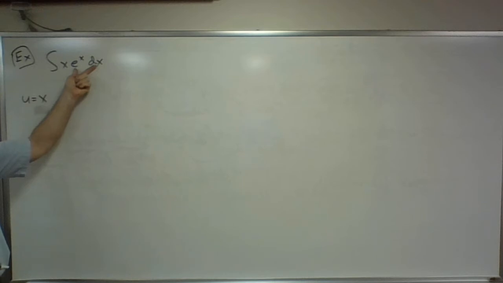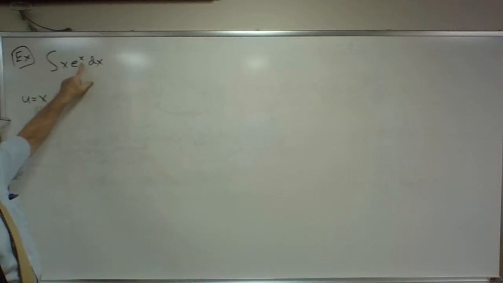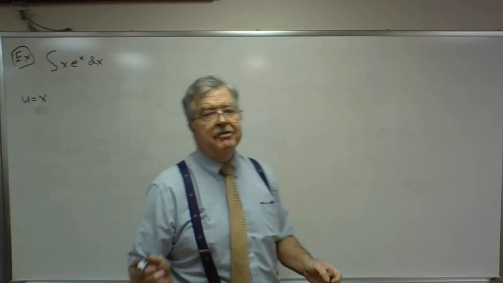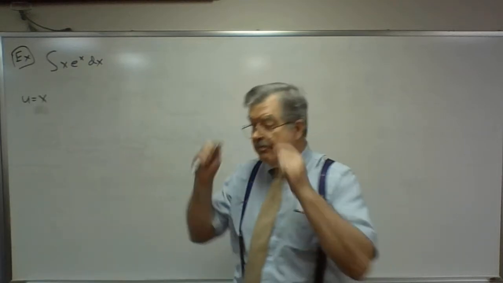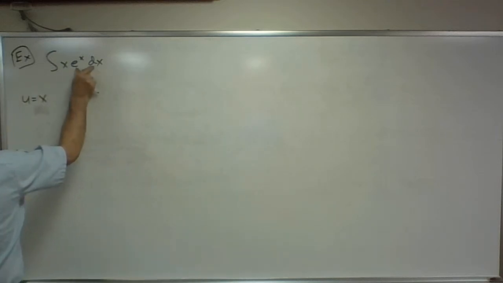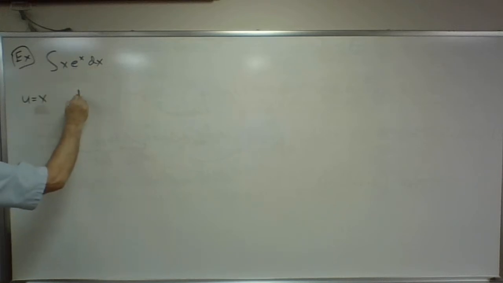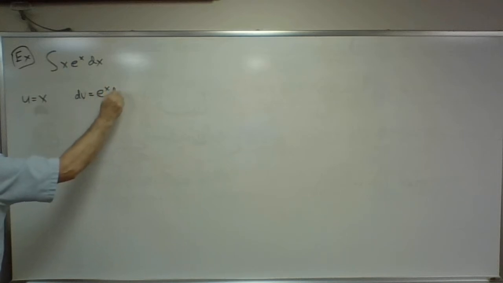The integral of e to the x dx is just e to the x. And we consider e to the x to be a complicated function because it's a transcendental function. This is the most complicated portion of the integral that we can integrate. So naturally, we're going to let dv equal e to the x dx.